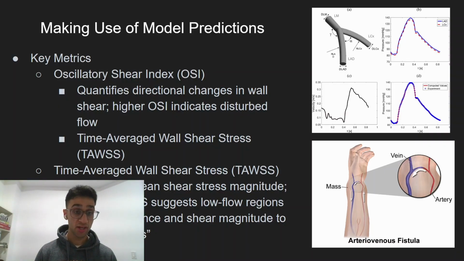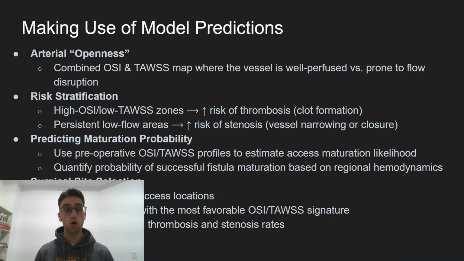And TAWSS, aka time average wall shear stress, measures mean shear stress magnitude, and lower TAWSS suggests low flow regions. Through both these figures, we can quantify vessel openness. So we have arterial openness, combining OSI and TAWSS maps to show where the vessel is well perfused versus prone to flow disruption.